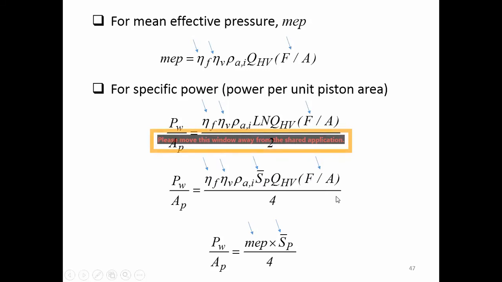Then if you want to squeeze this expression into the short form, you will see that this specific power depends on two performance parameters, which are the mean effective pressure and the mean piston speed shown right here. So this shows you the relationship among the performance parameters.